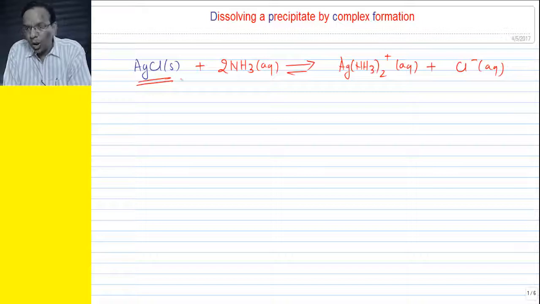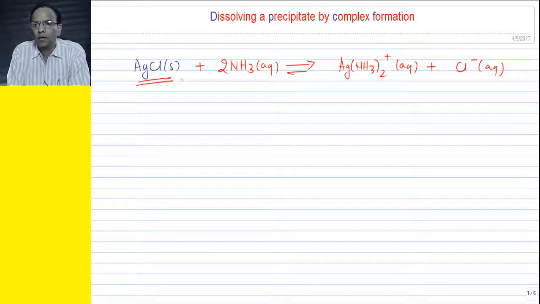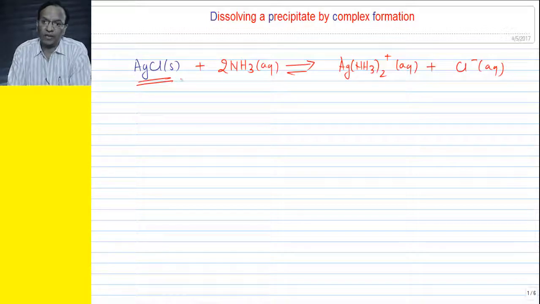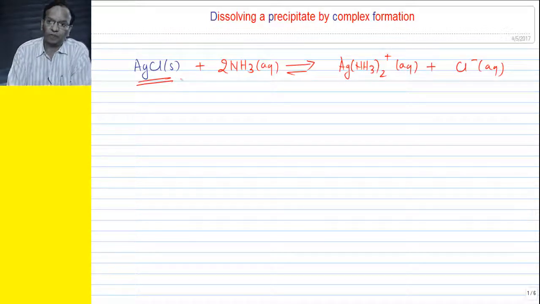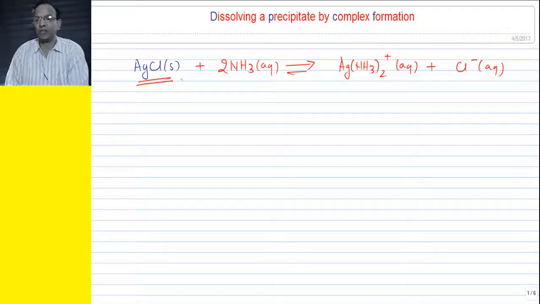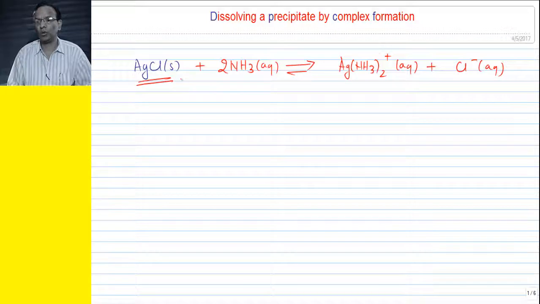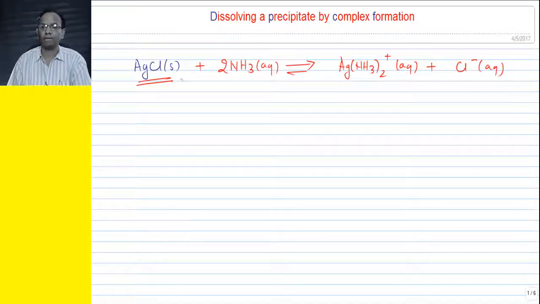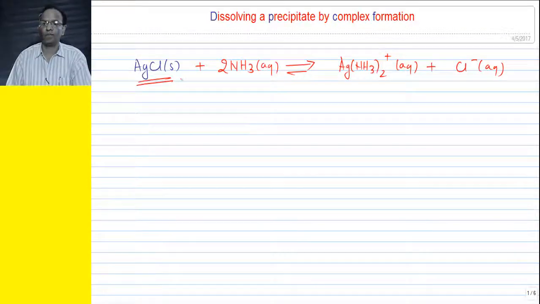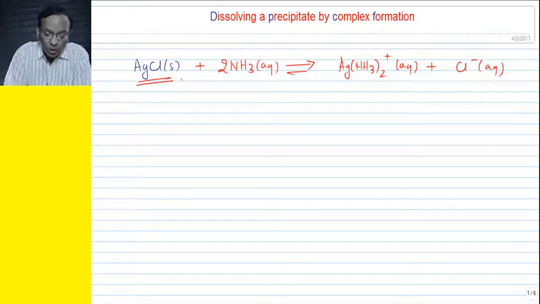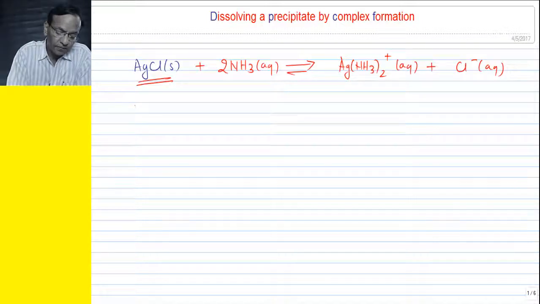Now if you want to know how much of AgCl will dissolve in a given solution of ammonia, we will have to solve this equilibrium. For that purpose, we'll have to derive the expression for Kc.